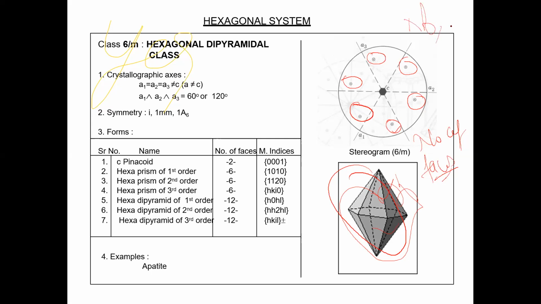Faster. Number of mirror plane. 1. Yes, exactly. And that is where? That is only at C axis. Exactly. That is at C axis. This is what you have to remember.